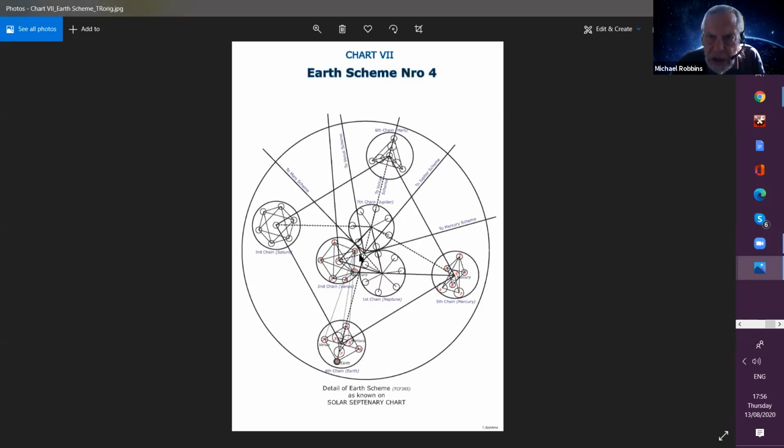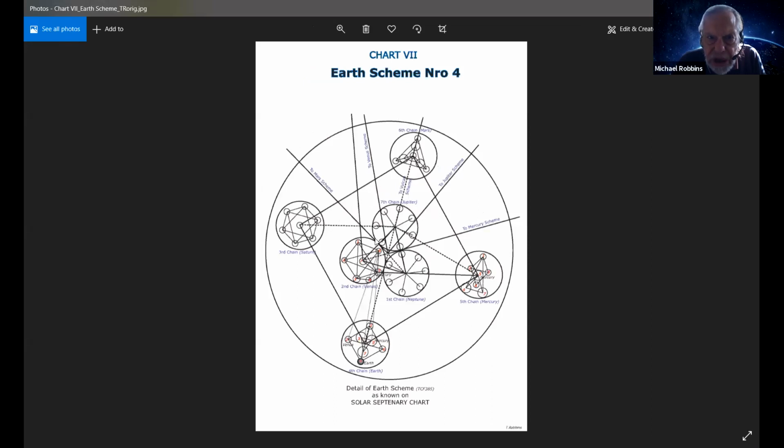Here's the Venus chain. Let me put that in so you can see it. The Venus chain, notice it's a pentagon, interestingly enough, with a 5-pointed star drawn to the vertices. From this globe, which is either the second or sixth, depending on how you count, occultly or mystically, the Lords of the Flame came to the Venus globe of our fourth chain, and thence to the Earth globe of our fourth chain.